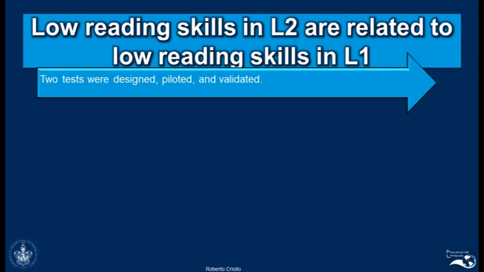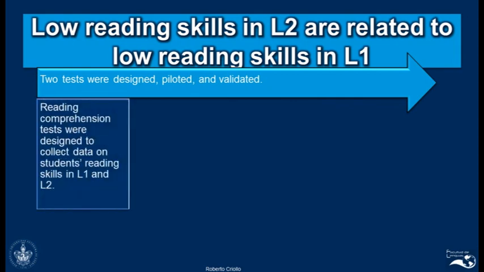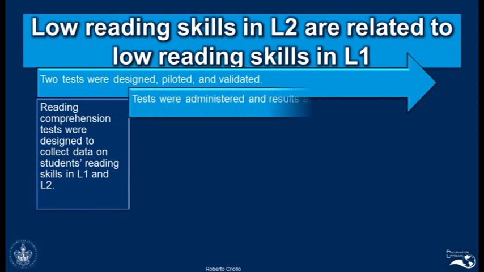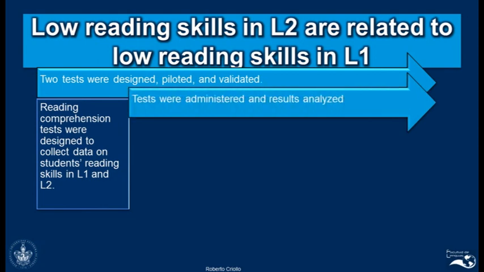So the first step was to design 2 reading comprehension exams. This is a long process because there was the test design, looking at the construct, piloting the test, validating the test, and so on and so forth. These 2 reading comprehension tests were designed to collect data on students' reading skills in both L1 Spanish and L2 French. Secondly, the tests were administered.